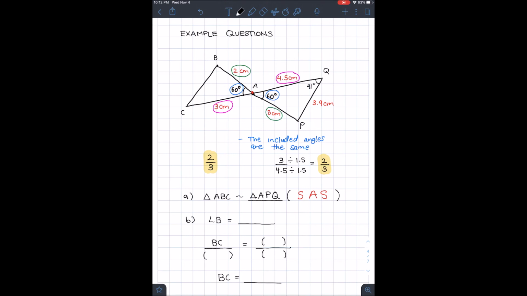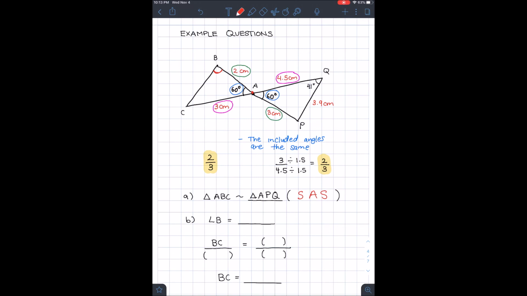Okay, now let's try part B. Now part B is asking us to identify the value of angle B. In the drawing above, angle B is right here. Okay, so how do we find angle B?